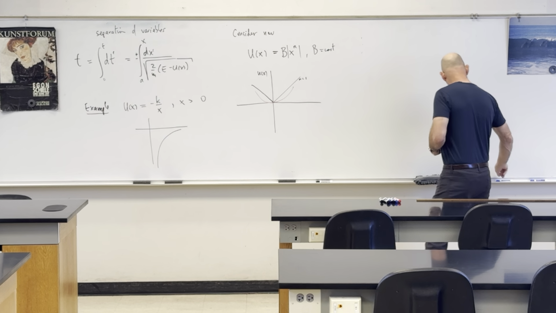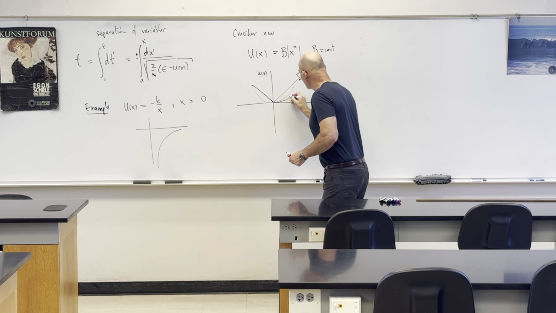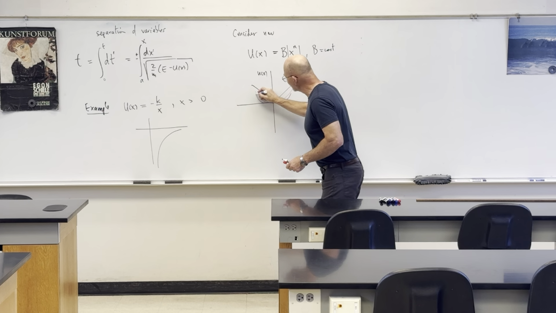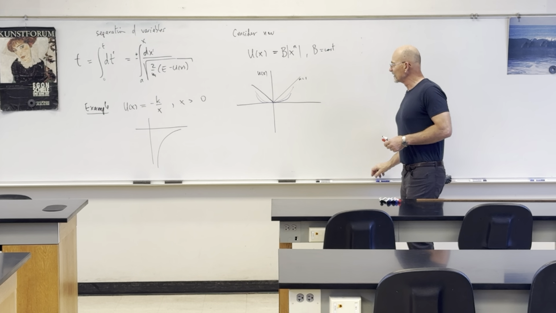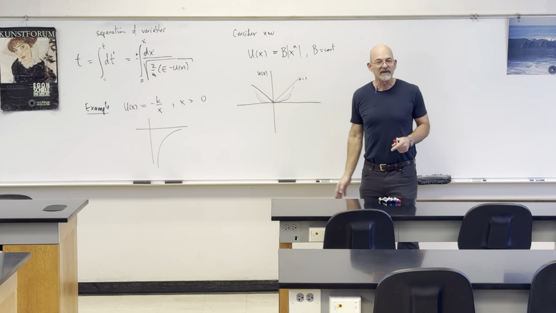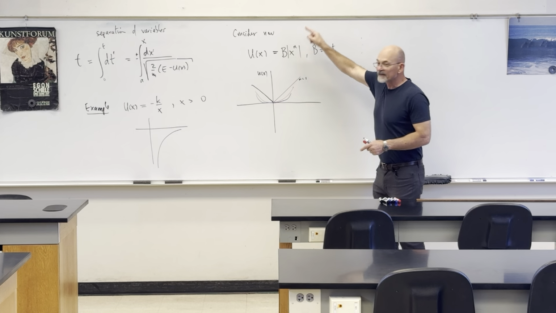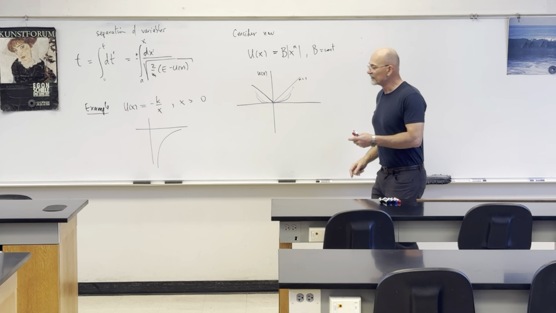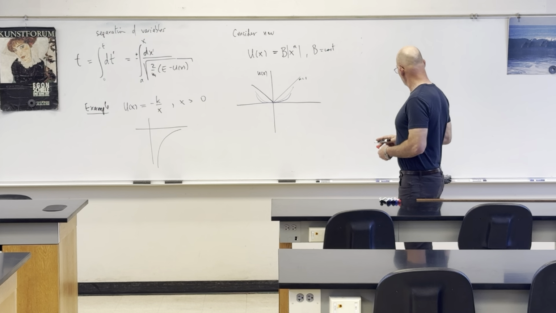If we have n equals 4, say, it's going to be flatter and then eventually steeper. The interesting case, if n goes to infinity or gets very large, it becomes flat all the way across and then suddenly zooms up. So we actually have quite a few interesting functions here.